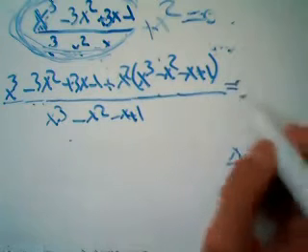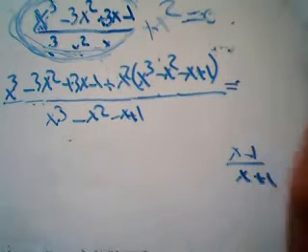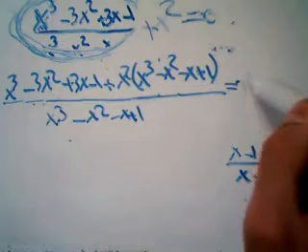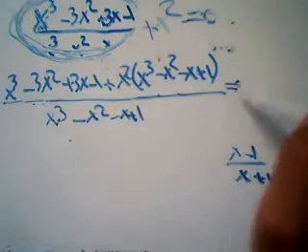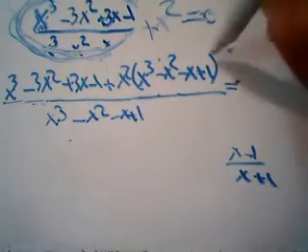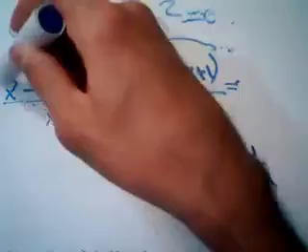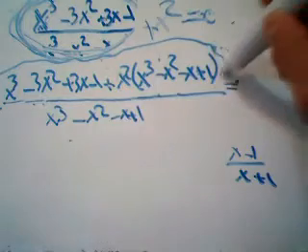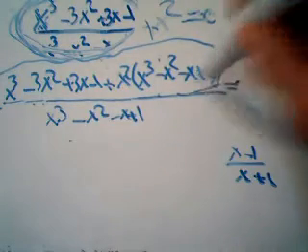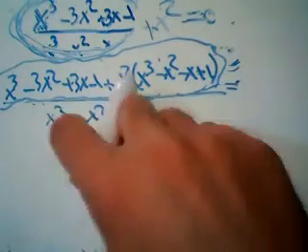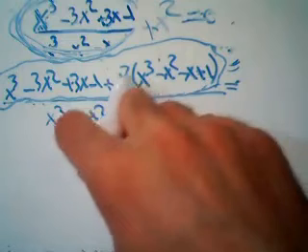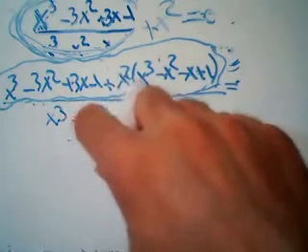That would be equal to 0. Here we have a fraction equal to 0, so its numerator should be equal to 0. We should solve such an equation, which has a degree of 5.